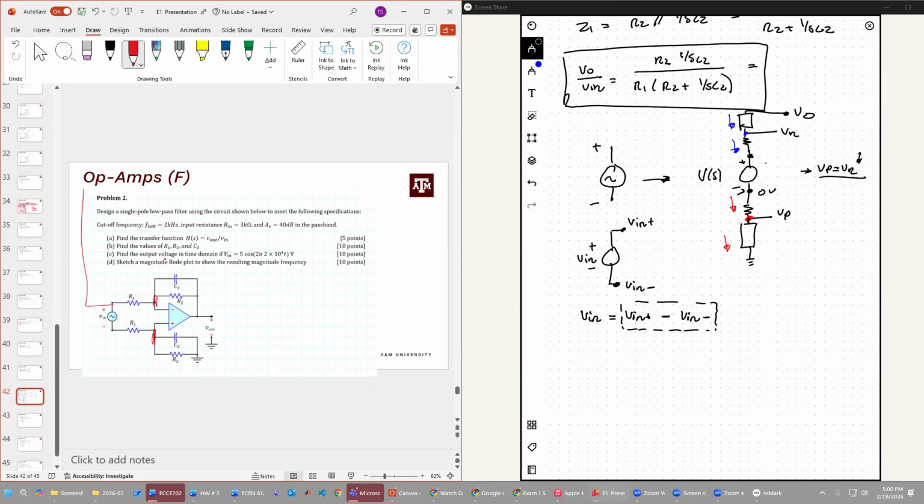Real talk, will the op amp problem on the exam be as terrible as this? Maybe. I feel like the problems on the exam are involved from what I hear. I don't know what's on the exam. I don't grade exams or anything like that, so I only know from previous sections and previous years.